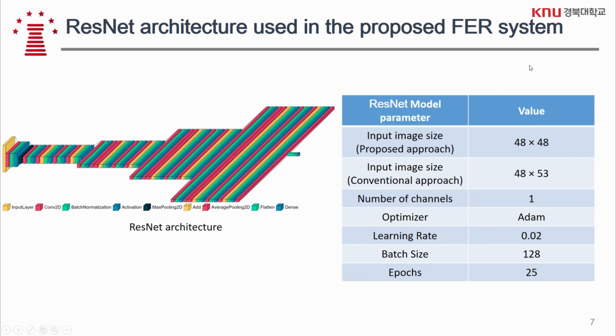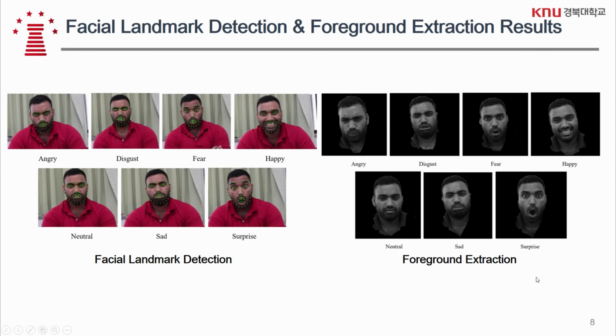For the ResNet model parameters, we consider the input image size as 48 by 48, and the input image size for the conventional approach is 48 by 53, and the number of channels is 1. The optimizer we selected is Adam, and the learning rate we defined as 0.02, with a batch size of 128, with the number of epochs 25.